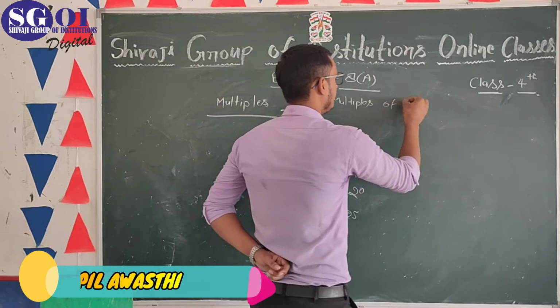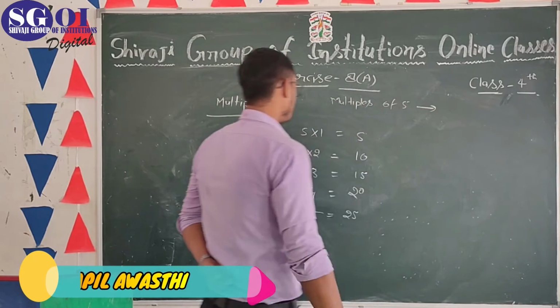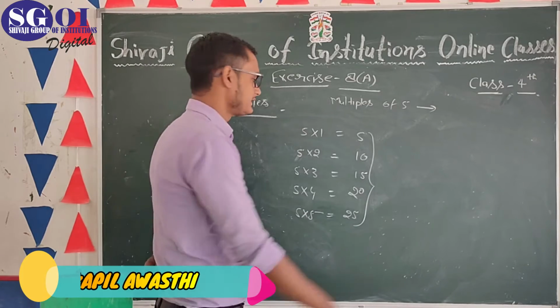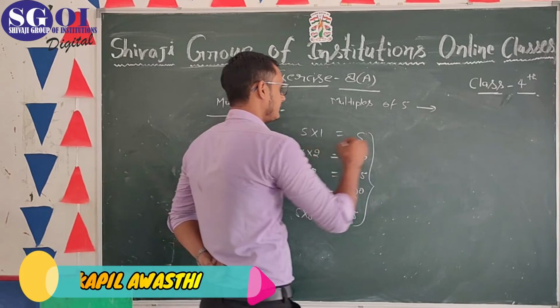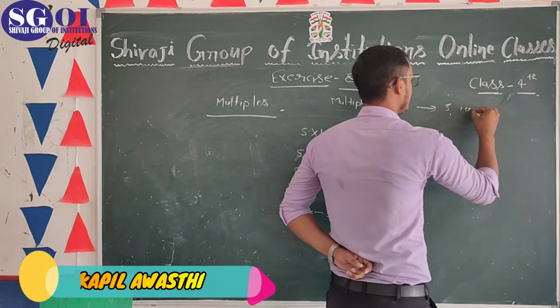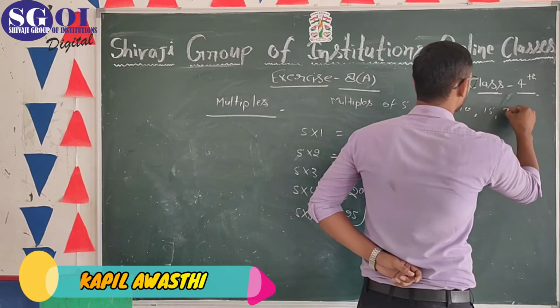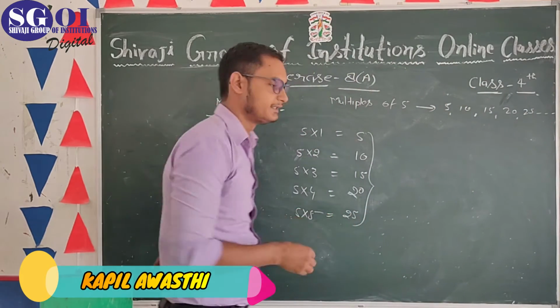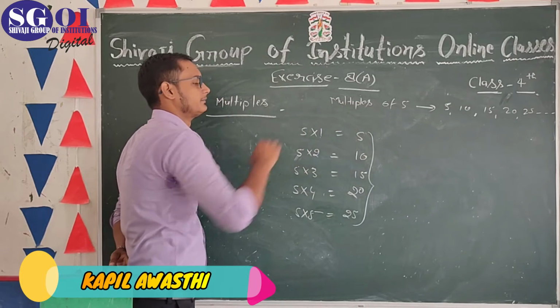These are the multiples of 5: 5, 10, 15, 20, 25, etc.